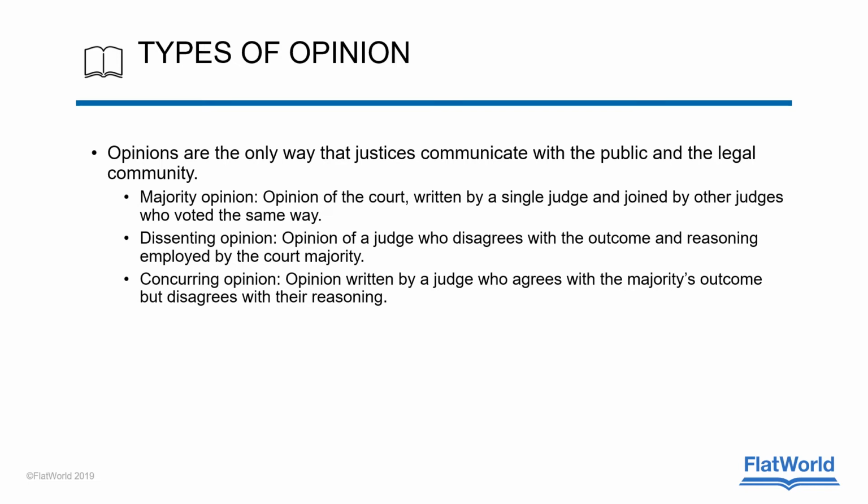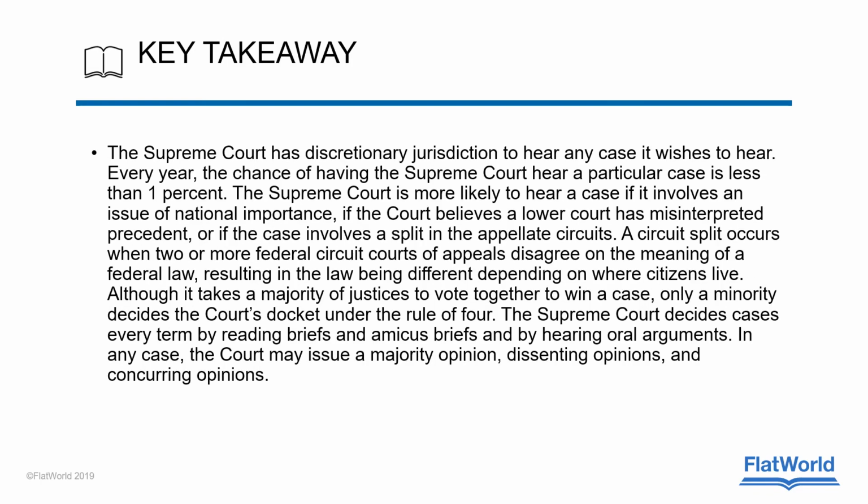So it's possible that the dissenting opinion may ultimately give birth to an interpretation of a law. A concurring opinion is an opinion written by a judge who agrees with the majority's outcome, but disagrees with their reasoning.